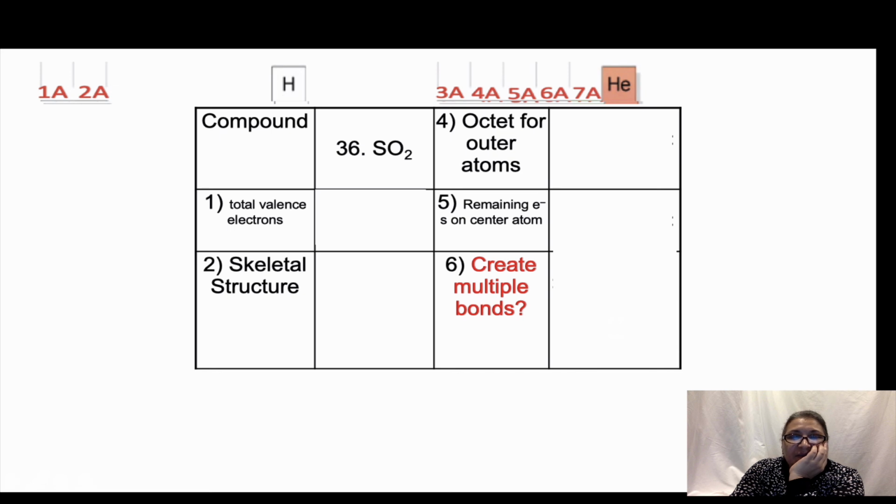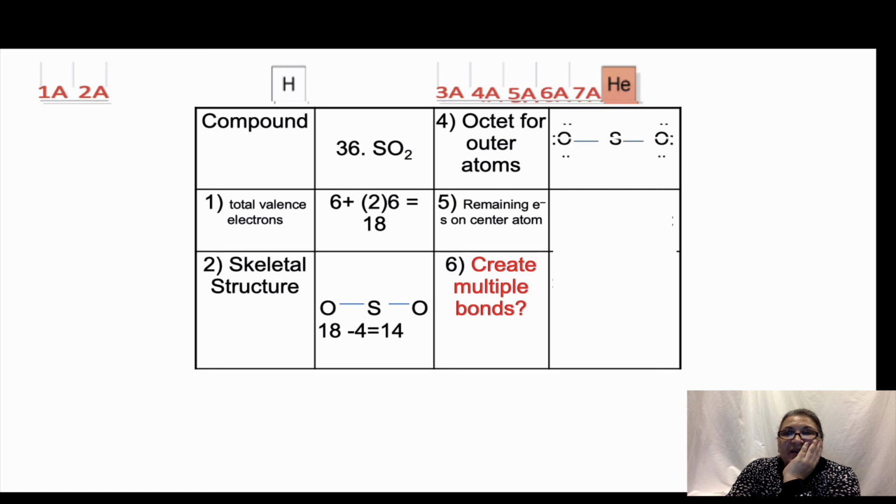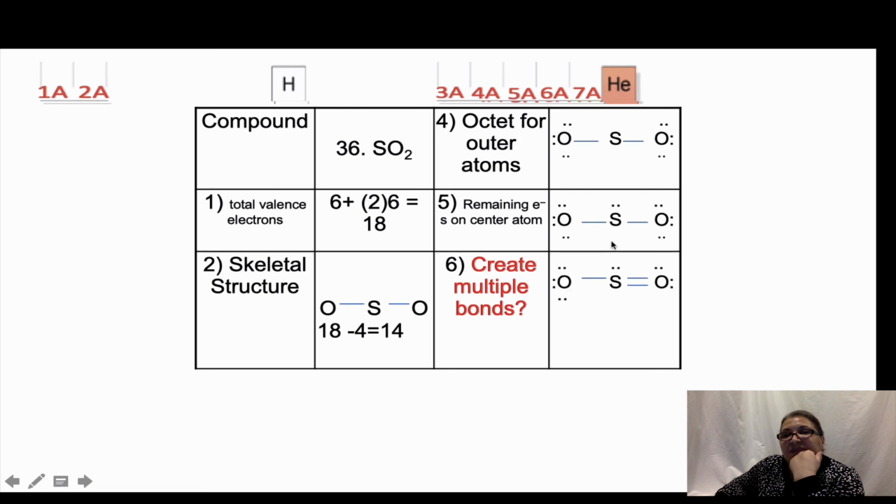SO2. Sulfur is 6, oxygen is 6, but we have 2 of them, so 18. We connect, so we subtract 4, we have 14. 6 and 6, so we have 2 left. But we need a double bond.